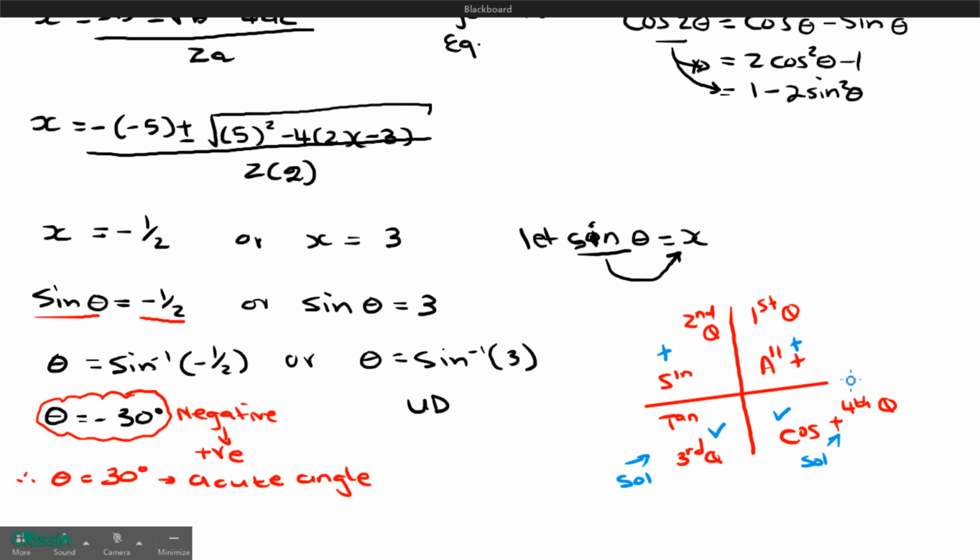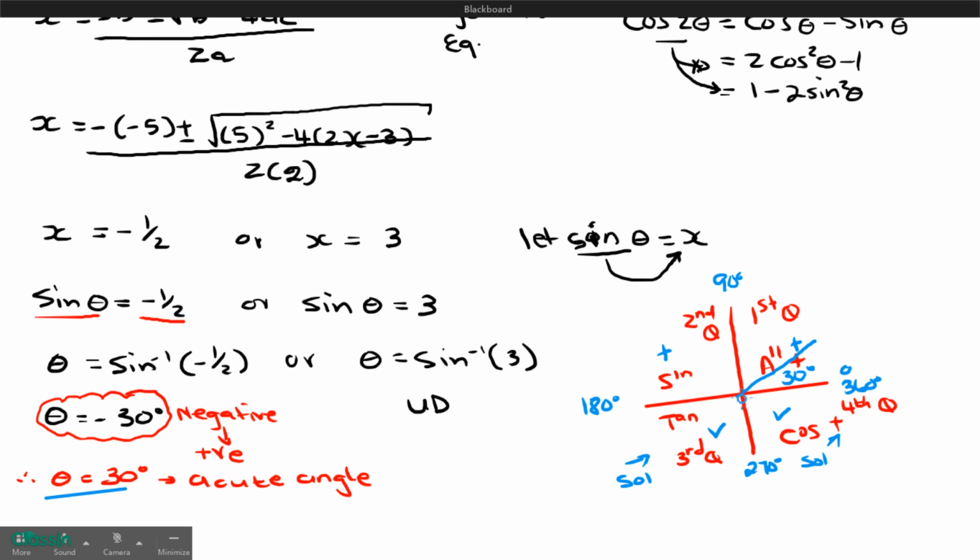So now, what angles do we have here? We have 0 and 360 degrees. We have 90 there, 180 here, and 270 there. We said that our acute angle is 30 degrees. It means that if I draw a 30 degree angle here, I must also be able to draw the very same 30 degree angle in the quadrant where sine is negative.